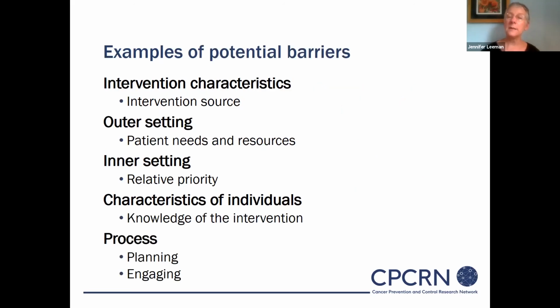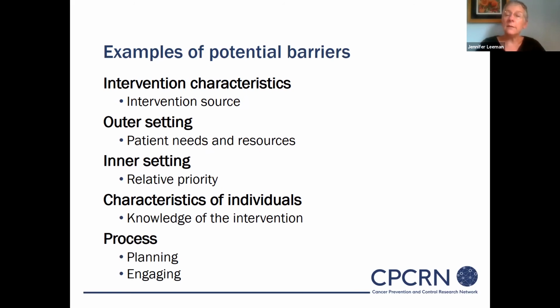All right, so here are some examples of potential barriers that are included in the CFIR, or Consolidated Framework for Implementation Research, and I've listed at least one in each of the domains. So for intervention characteristics, the source of the intervention can be a barrier or a facilitator.